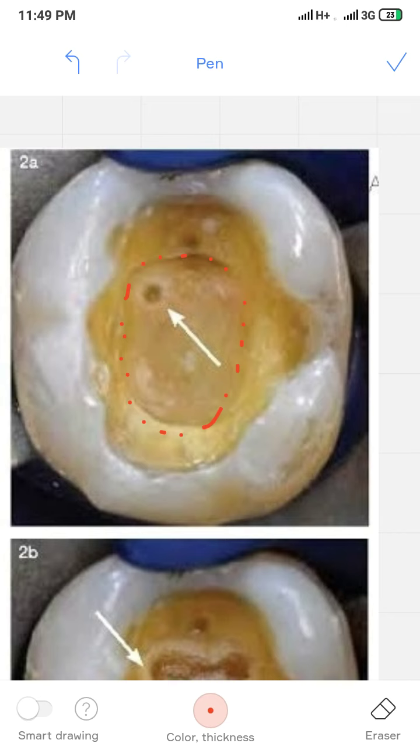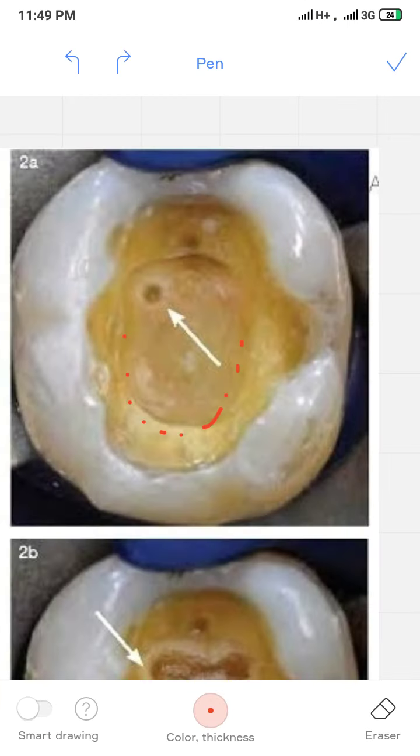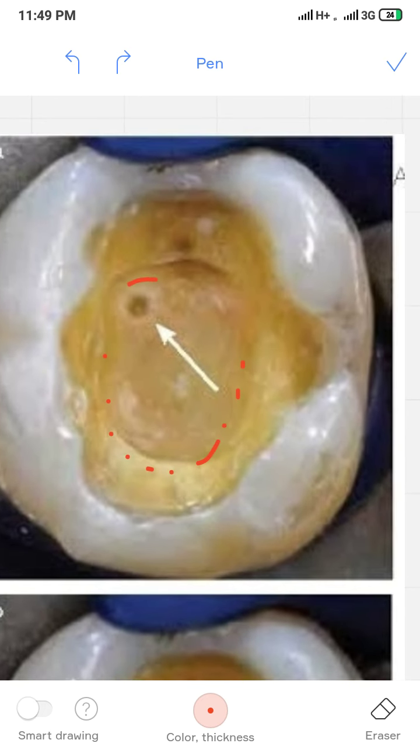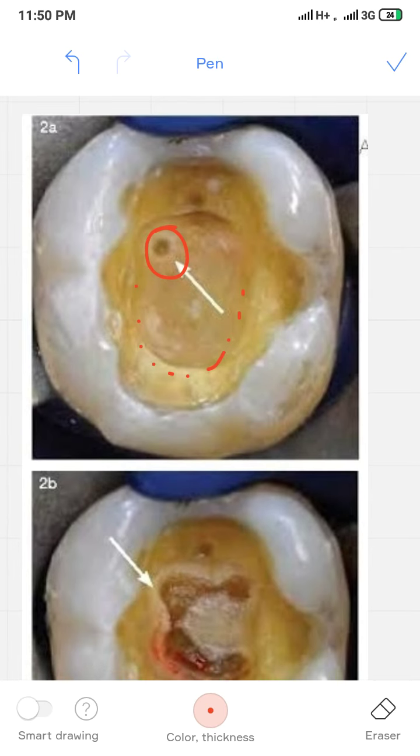Then you have to get into the pulp chamber where you will feel a drop in. Notice in this particular region the operator got his drop in, but here you have to take a precaution.